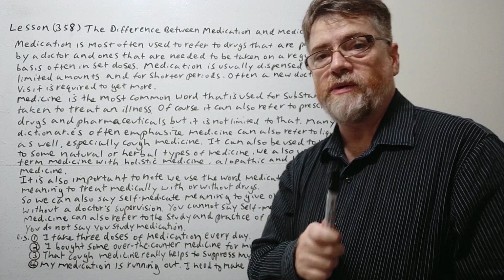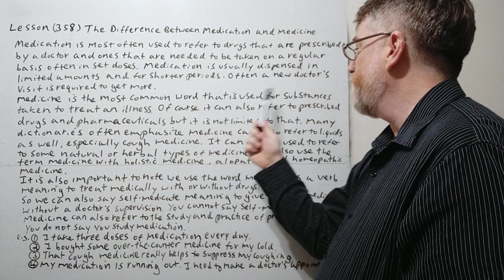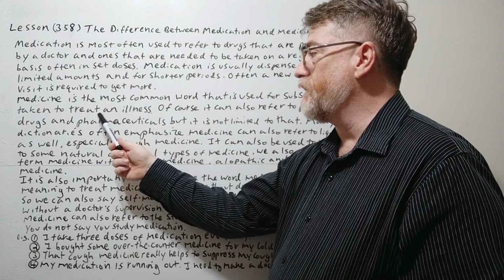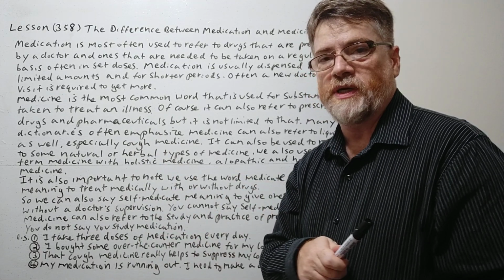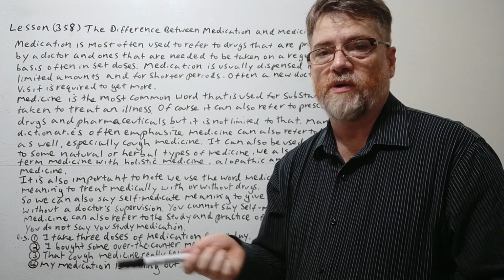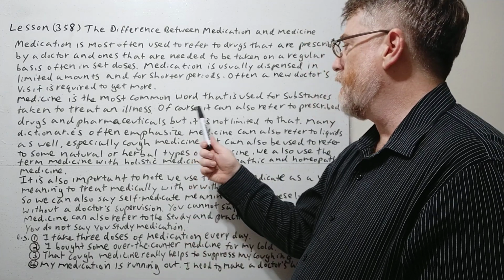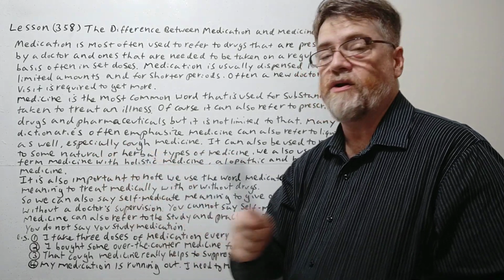All right, let's continue here. Medicine is the most common word that is used for substances taken to treat an illness. So here's where this crossover happens, especially with the average person. If they're taking pills or tablets, they very often will just call it medicine. Of course, it can also refer to prescribed drugs and pharmaceuticals.